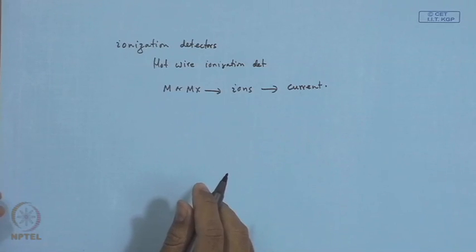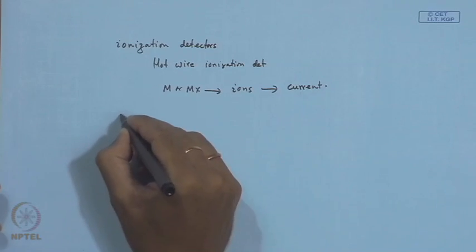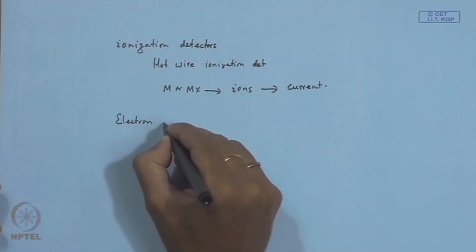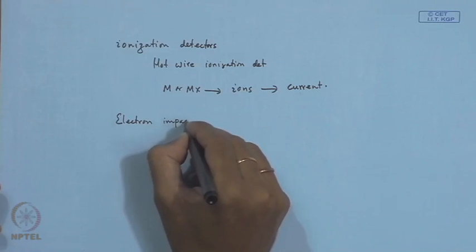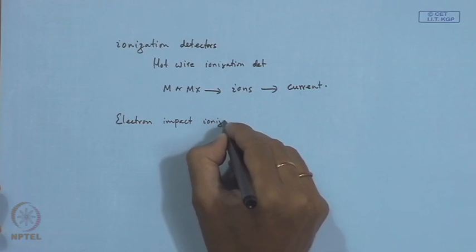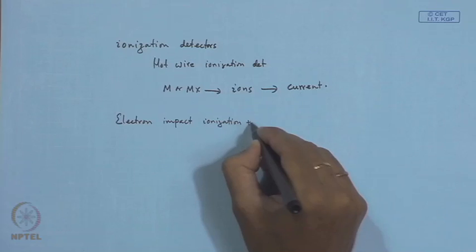Another is electron impact ionization coupled with mass spectrometry. Okay. So it is electron impact ionization coupled with mass spectrometry.